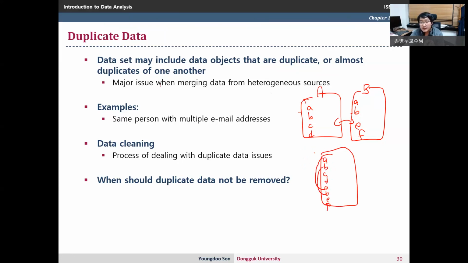So in this case, for good analysis, we need to find which data are duplicated and eliminate the duplicated ones.